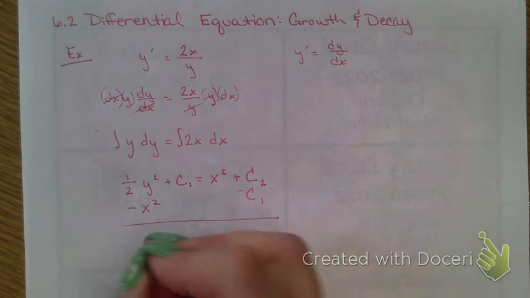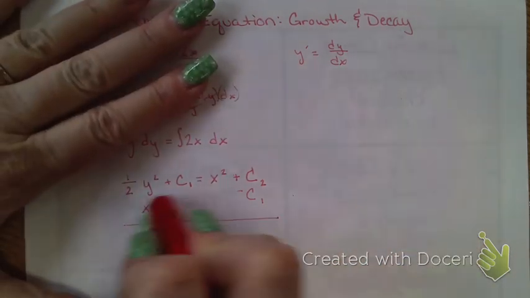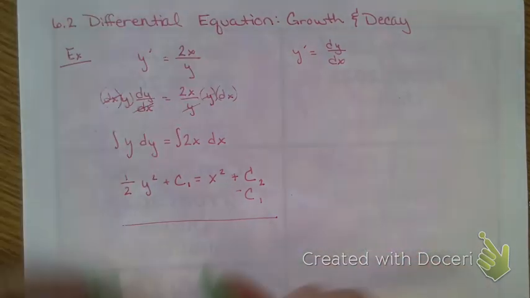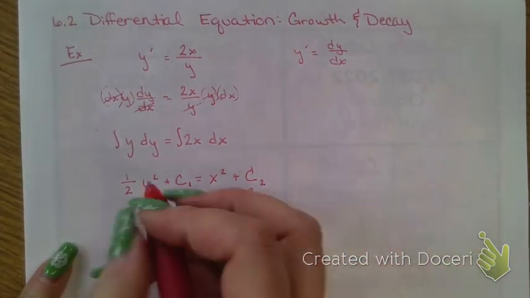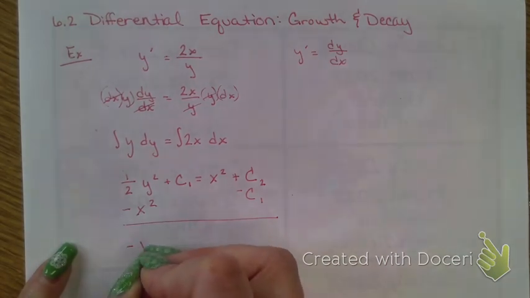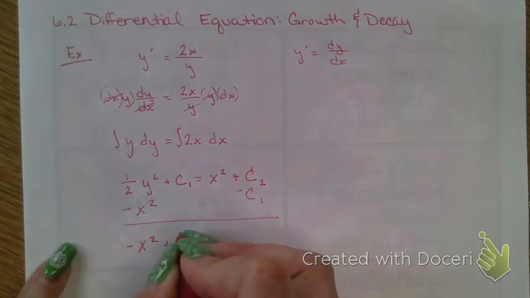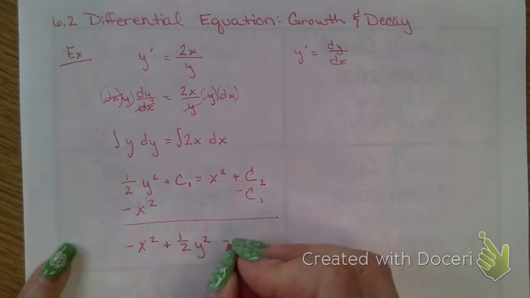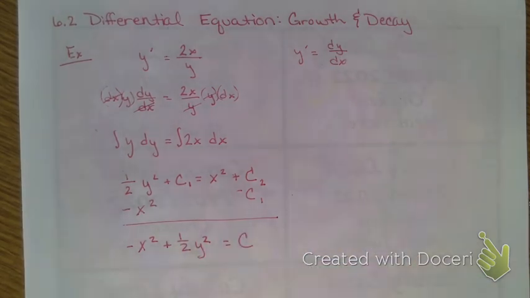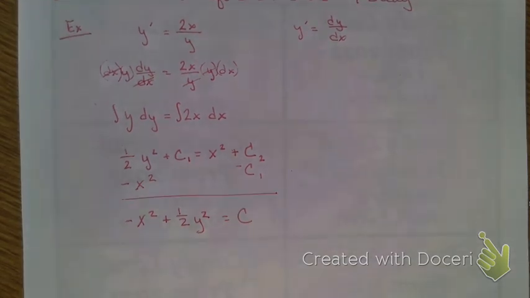Okay, so I have negative x squared plus 1/2 y squared equals just a c, because we don't know what it is.